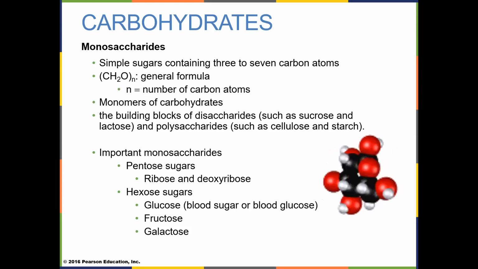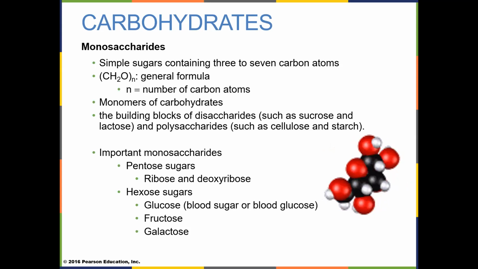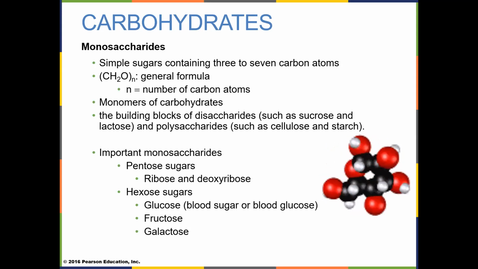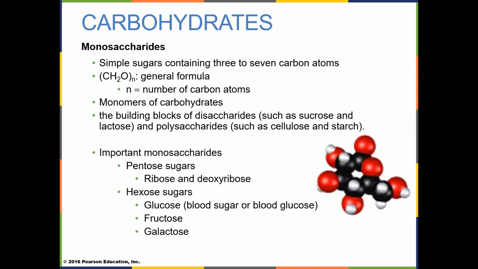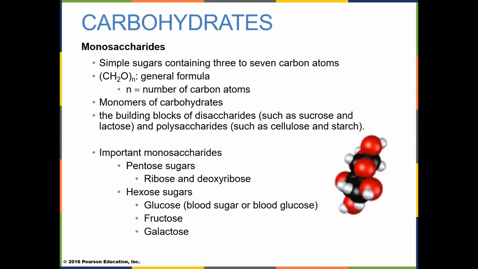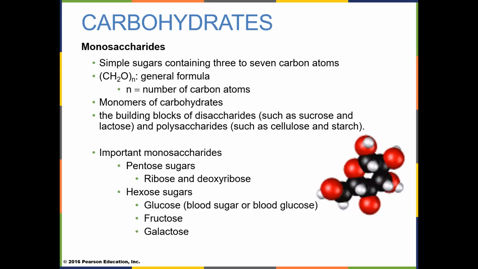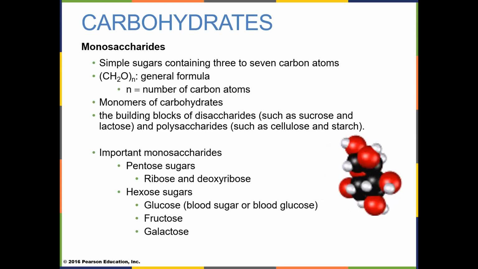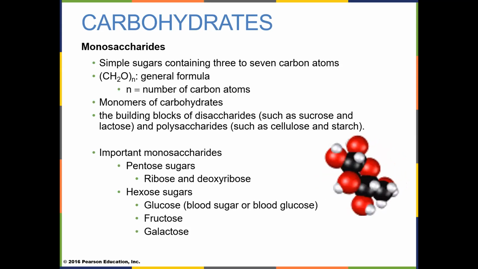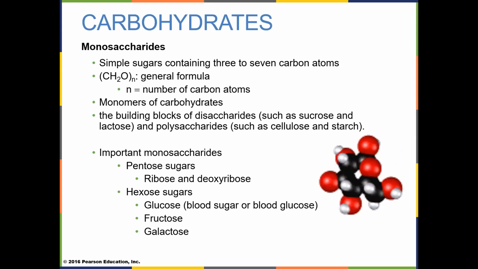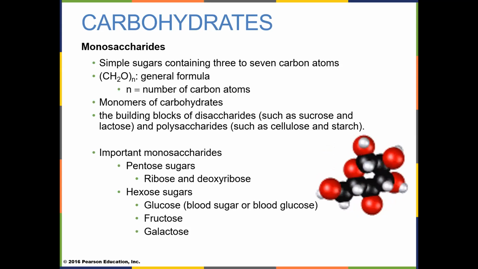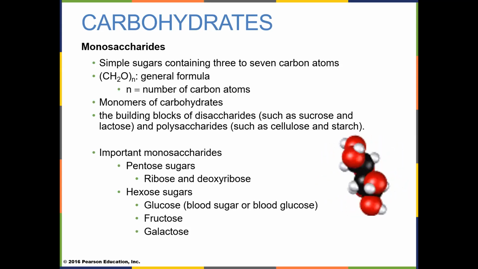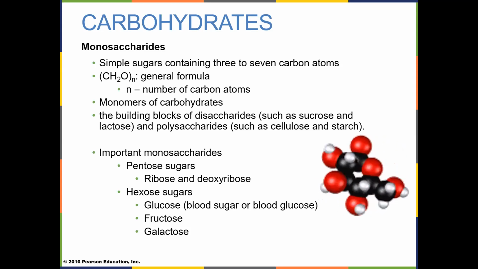The 6-carbon sugars show up in glucose, which is our blood sugar, fructose, which we find in corn, as I said, in corn syrup, and in lactose. So these are the big, most important monosaccharides. The pentose sugars, ribose, deoxyribose.